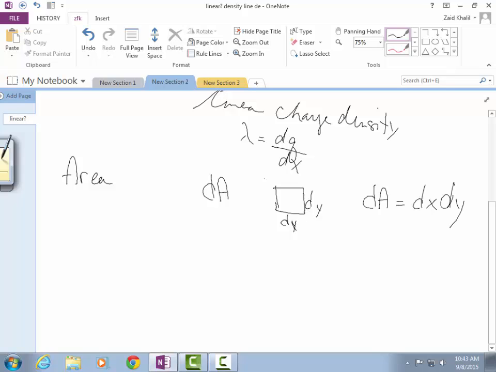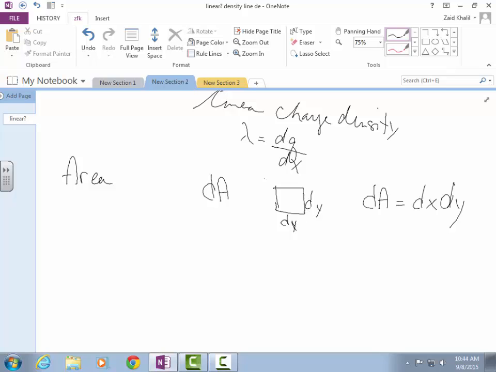But unlike one dimension, it depends upon what coordinate system you're using. So for instance, what would an areal element look like in polar coordinates? Is it dr d theta? It's not.